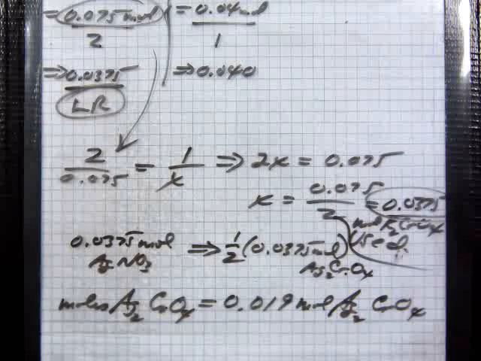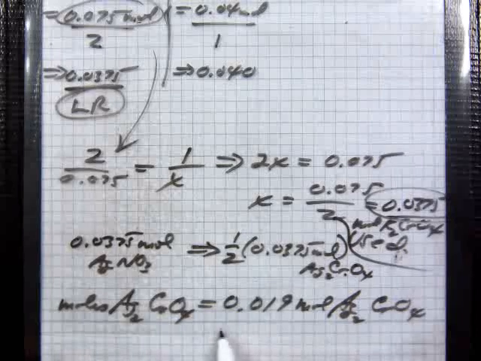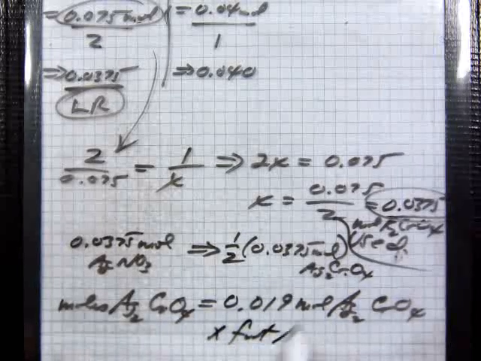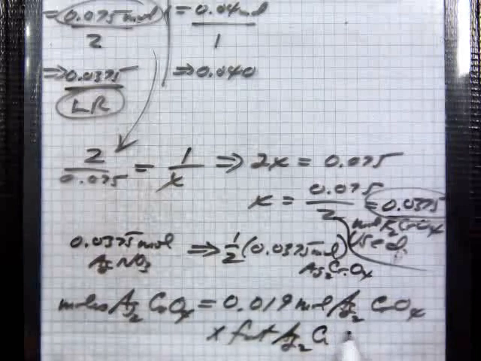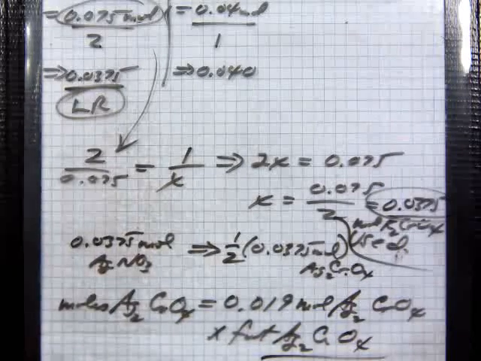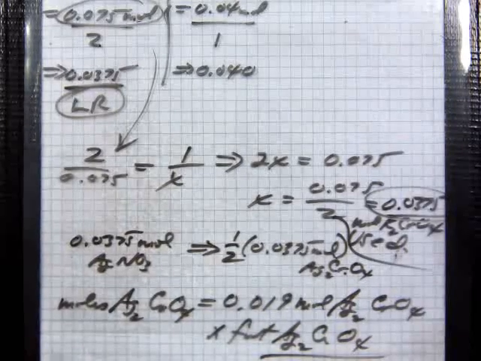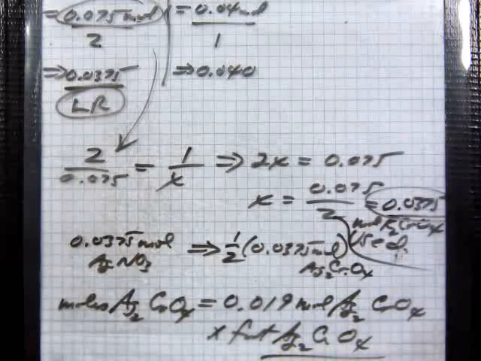I hope everybody didn't get too confused. And then times the formula weight of the silver chromate, and that'll give you your grams. But getting to the moles is in essence the central core of the problem.